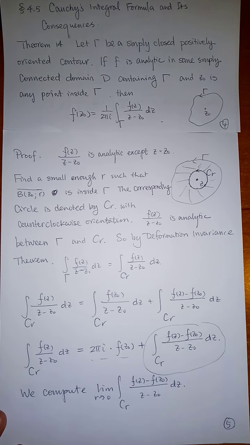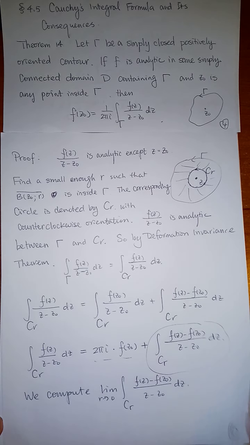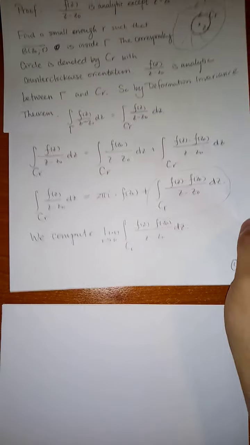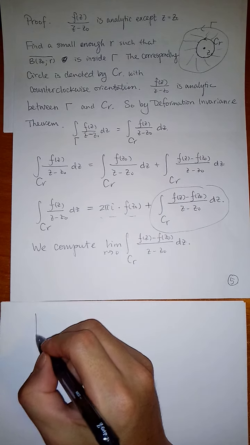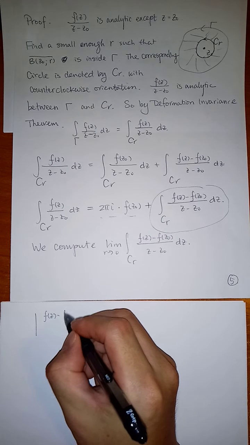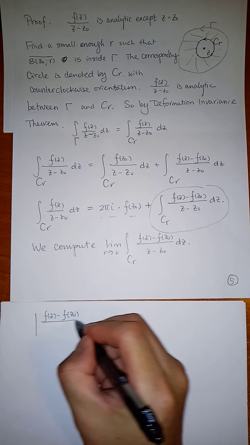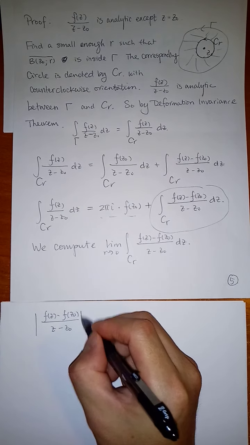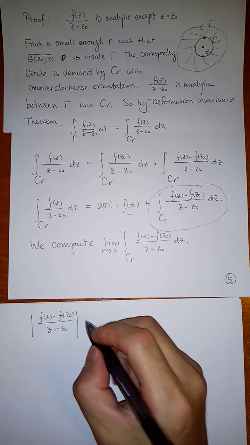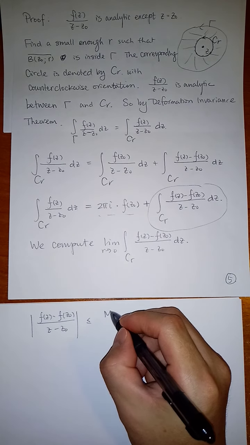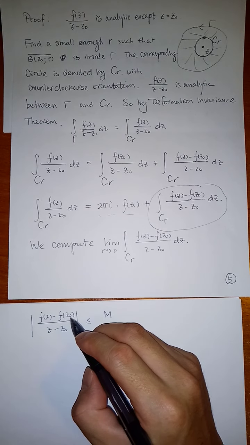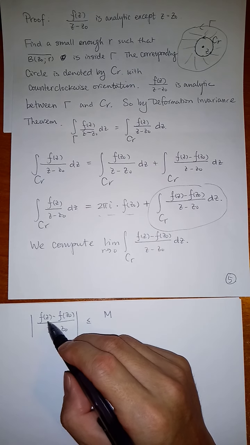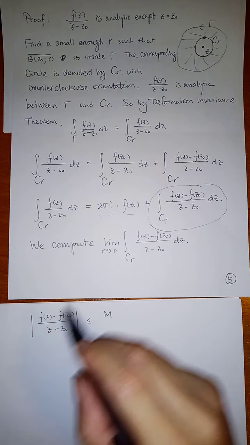Okay, so let's estimate. So we have (f(z) minus f(z0)) over z minus z0. f(z0) is a fixed number, z is over the circle.